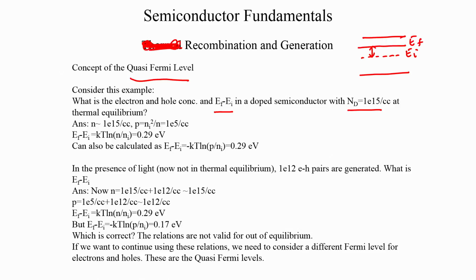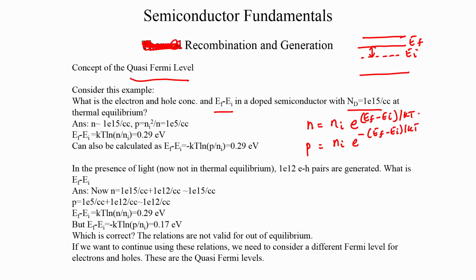Now, there are two methods to calculate it, because I know that n is equal to Ni e to the power Ef minus Ei by kT, and P is equal to Ni e to the power minus Ef minus Ei by kT.